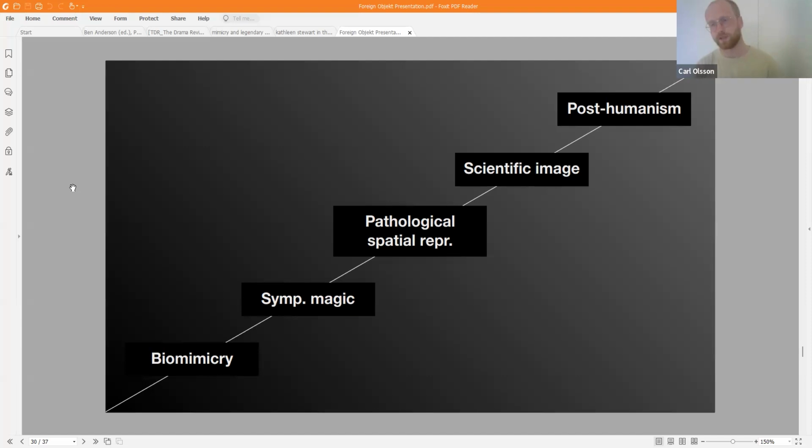Then we veered off from Caillois' original extension into representations of space that didn't place the human being at its center, towards the ascent of scientific images. And then we included post-humanist theories of dynamic space that were purportedly going to make space and the world lively once again, but according to this narrative achieve quite the opposite, a way of falling backwards into the environment, perhaps even losing themselves.